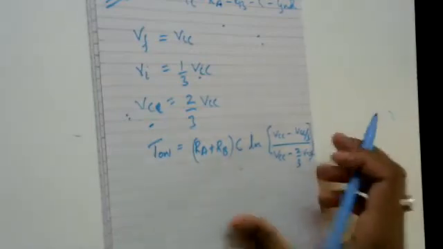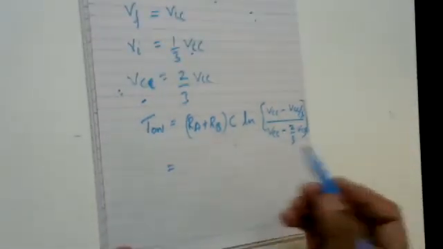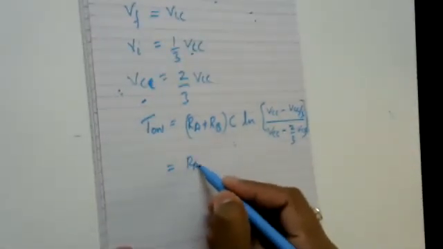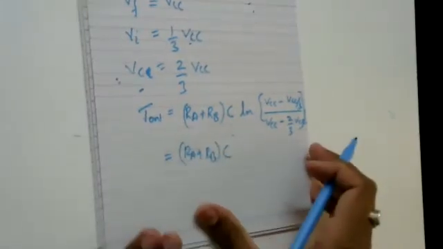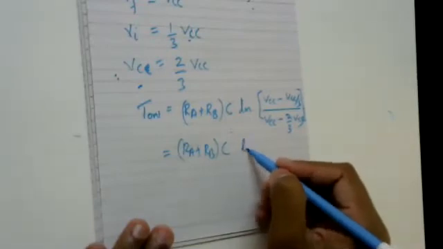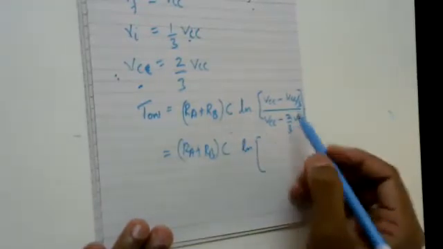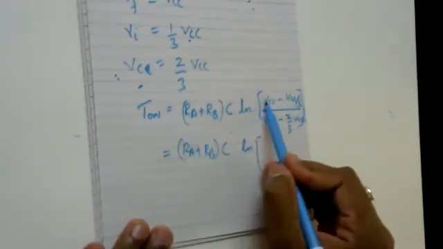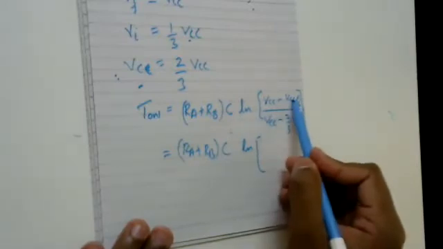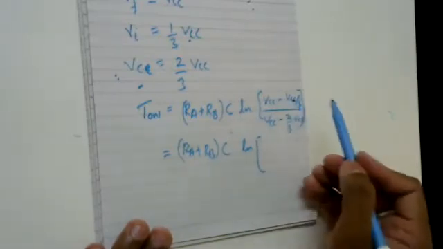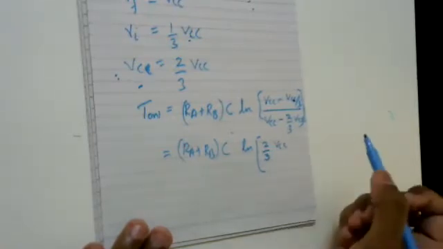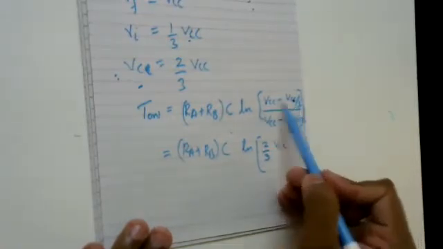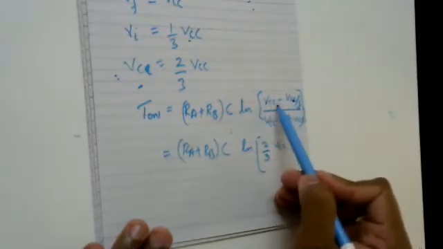Now if you solve this term, what will we get? (RA plus RB) into capacitance C into ln of, here 3 VCC minus VCC is 2 VCC, so it is 2 by 3 VCC. I hope I am clear to you. I am just taking the LCM, multiplying by 3 here.